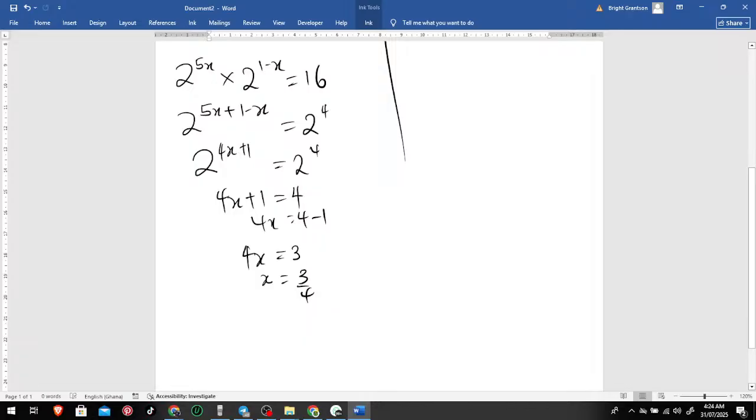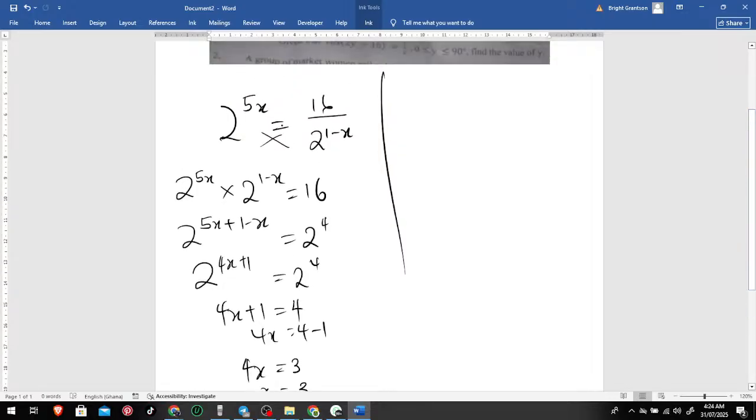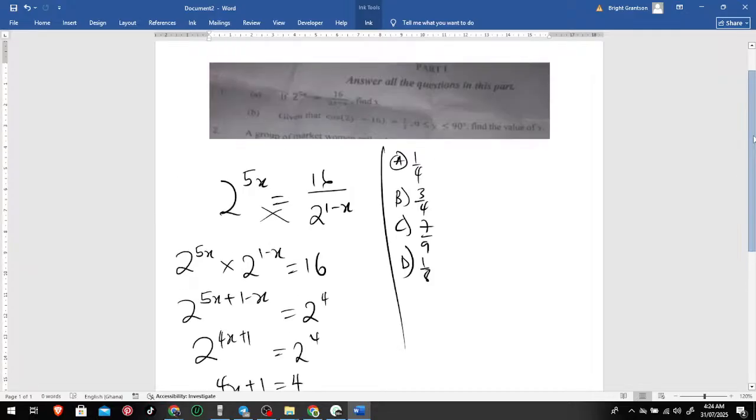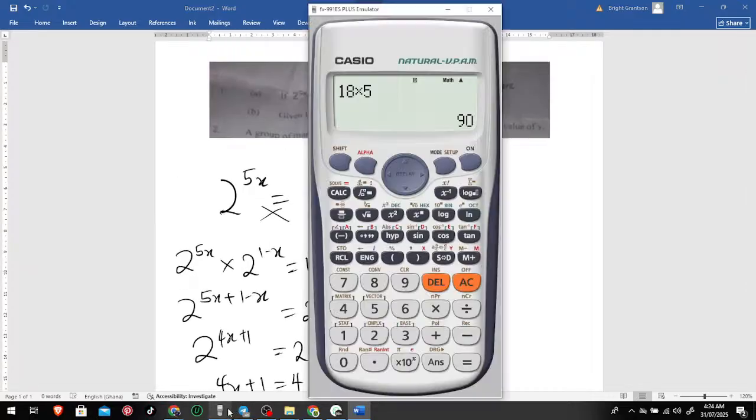Are you okay? Yes. But in case you get it as an objective question, and maybe they've written the answers: A is 1 over 4, B is 3 over 4, C is 7 over 9, and D is 1 over 8 or something. How are you going to solve it? So you go to your calculator. This one can come in objective easily.